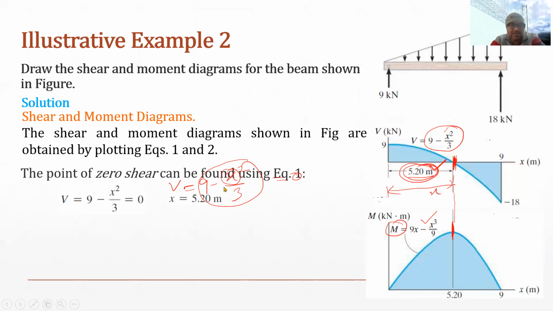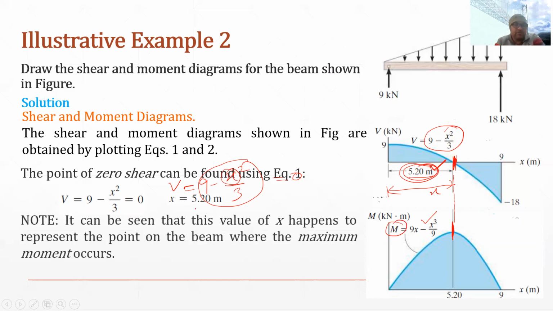I have explained this here. I have written here also, it can be seen that this value of x happens to represent the point on the beam where maximum moment occurs. Yes, this is the point where maximum bending moment will occur, and we can find this value using equation 2.